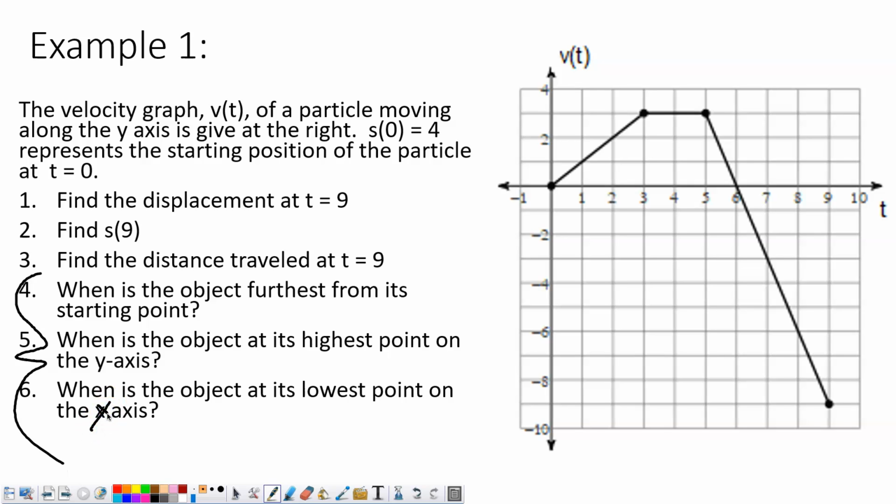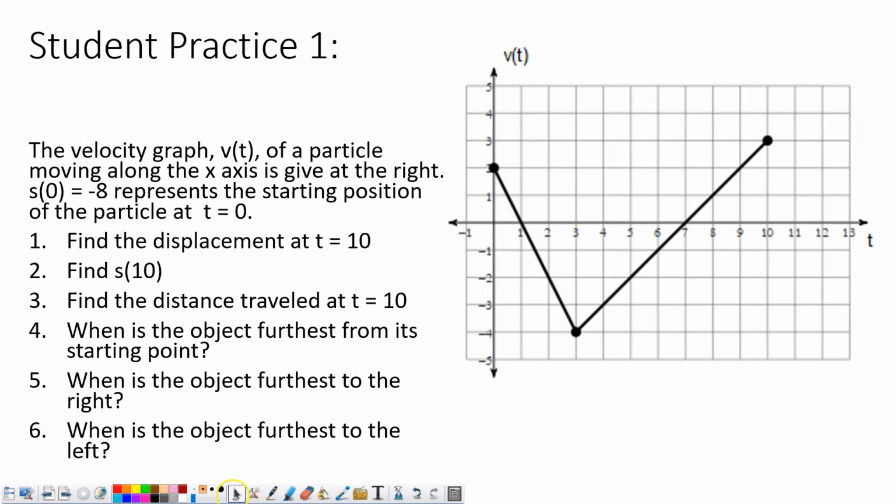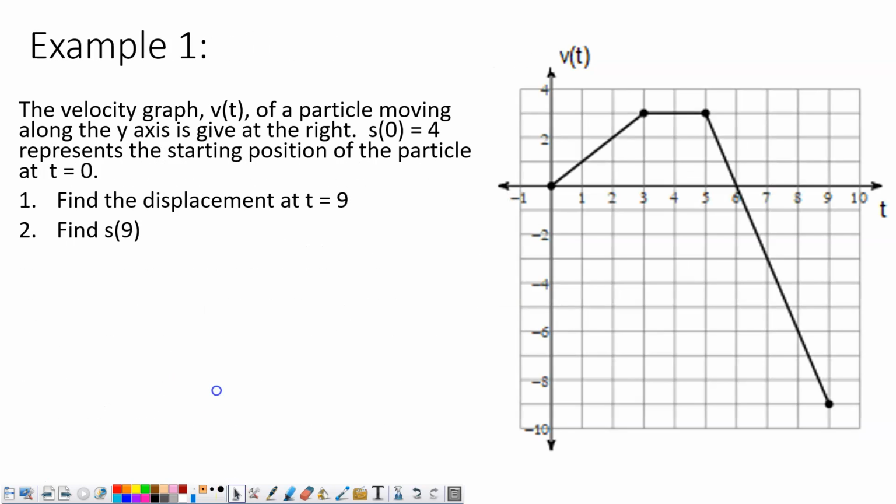Well, anytime you're looking for a highest or lowest, they're asking for a max or min. And how do you find maxes and mins? Candidates test. All right? So we're going to do the candidates test, and by doing that, we're going to end up answering all 3 of those questions at once.